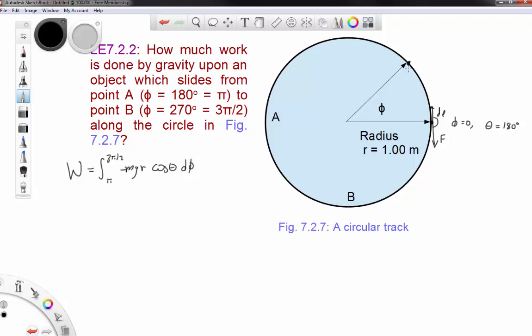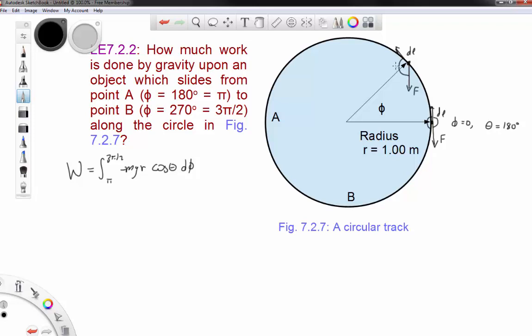Now we'll go up to say phi equals 45 degrees. And again, the force has to be this way. Now the displacement dl is like this. And it's worth actually defining which direction we're going to go in for our dl. By convention, I'm just going to go the counterclockwise direction.